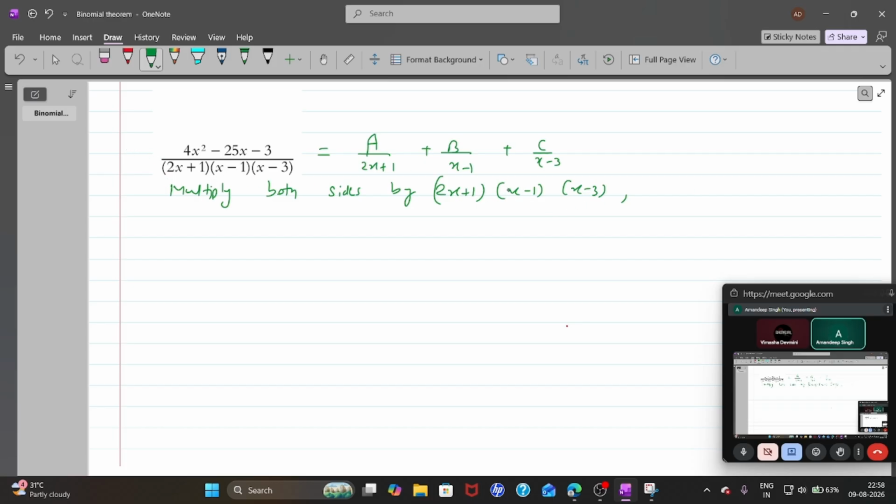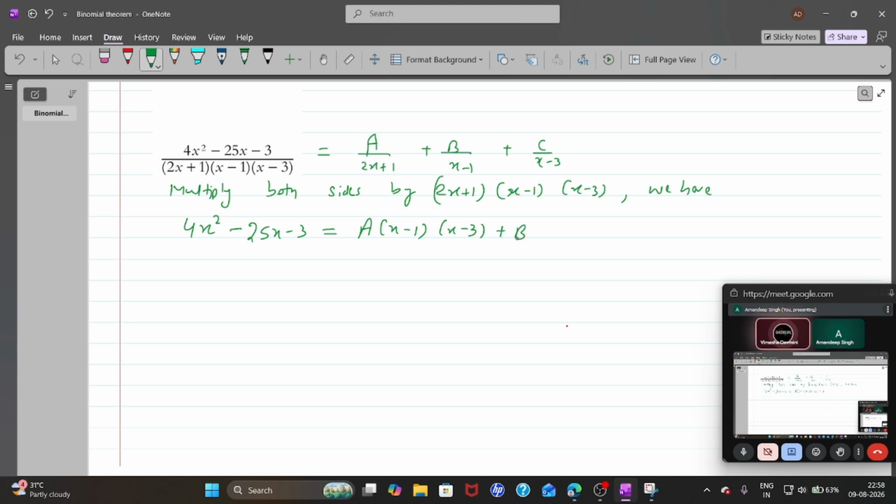Then if I multiply both the sides by 2x plus 1, x minus 1, and x minus 3, I will be left with 4x square minus 25x minus 3. And in the right hand side, 2x plus 1 will get cancelled. Then I will have a times x minus 1 and x minus 3, right?